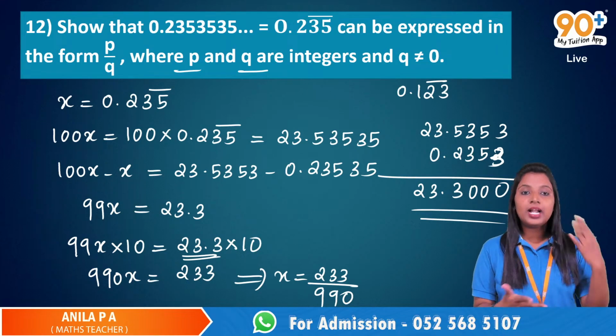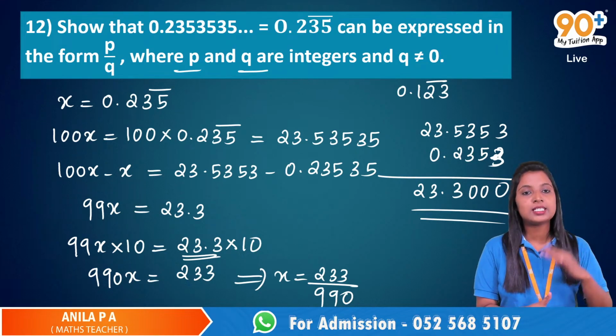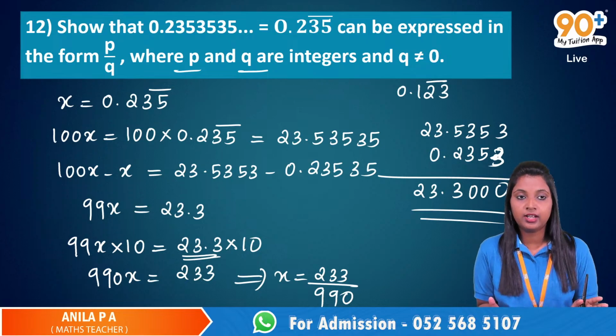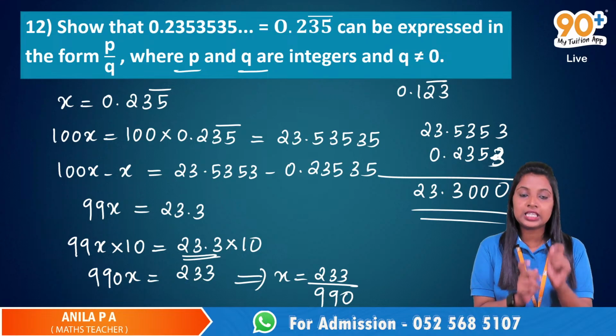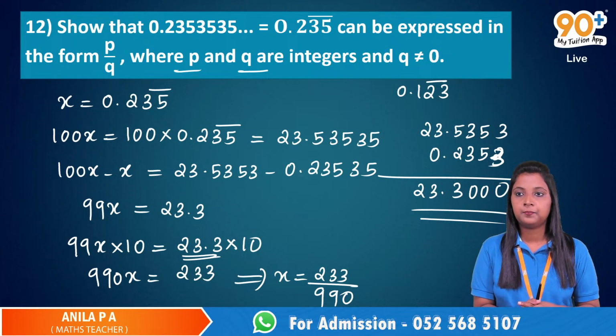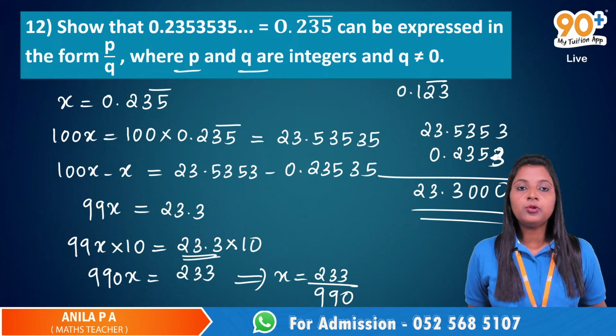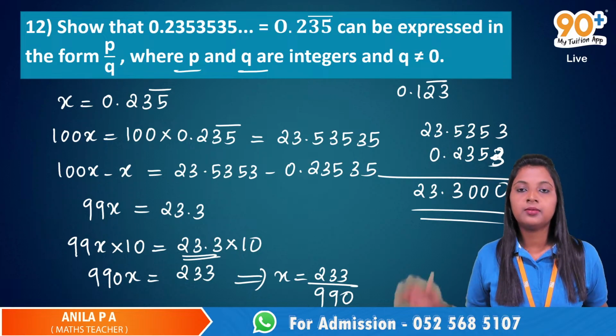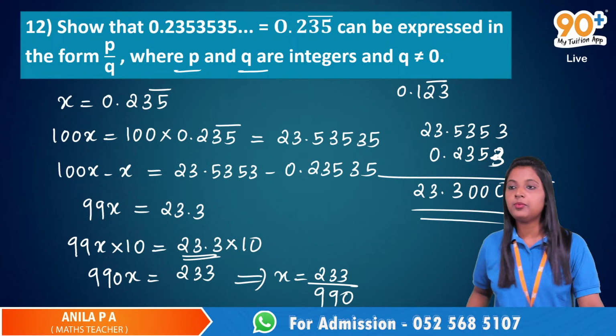We have to multiply it by 10 to remove the decimal. So everybody got this answer?